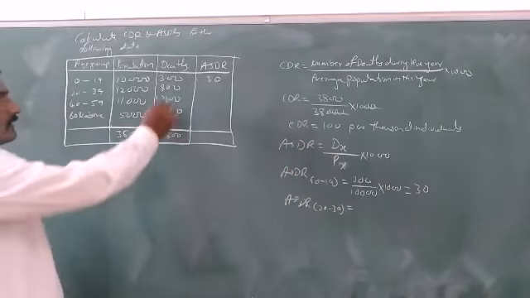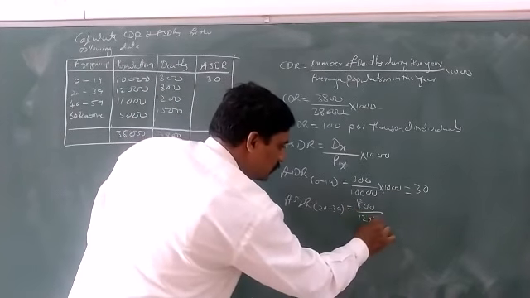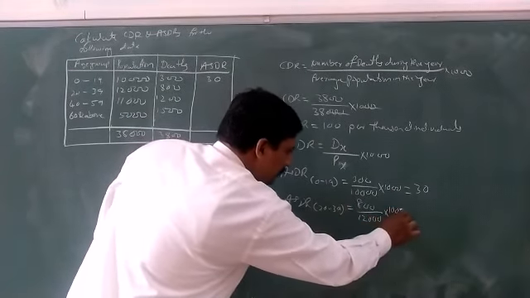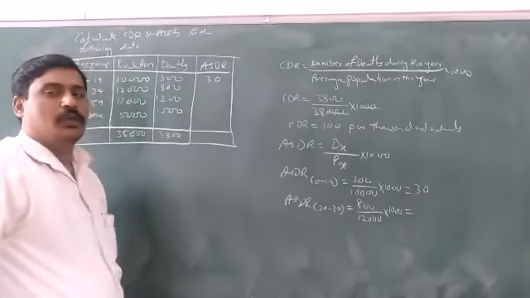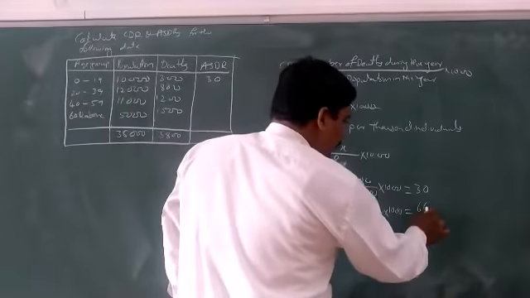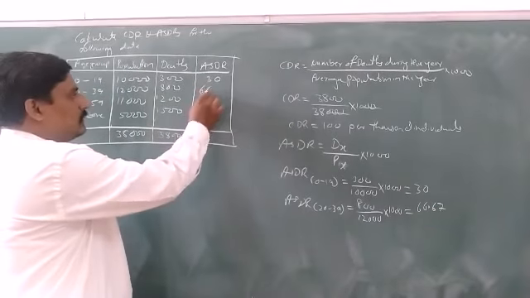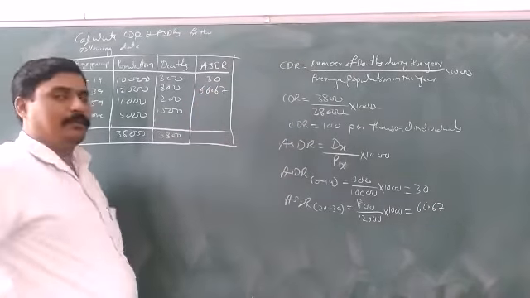Then the second one, ASDR for age group 20 to 39. The number of deaths is 800. 800 divided by 12,000 into 1,000 is equal to, 800 divided by 12, we get 66.66666, so that will make it 66.67.